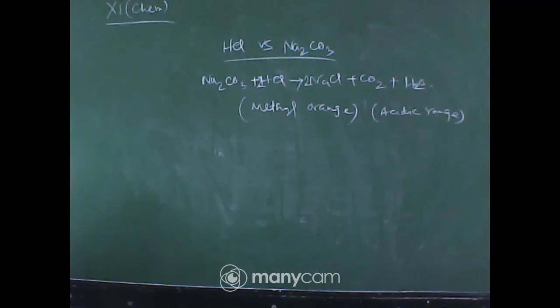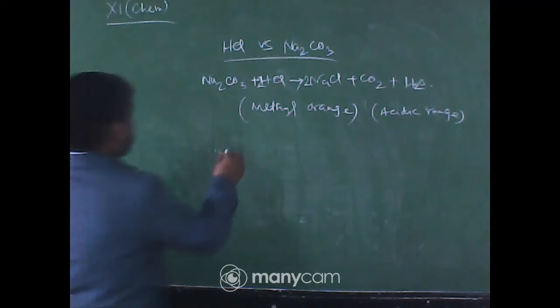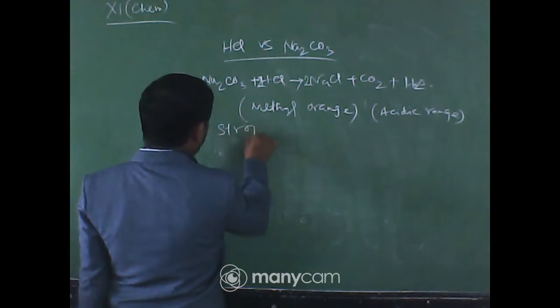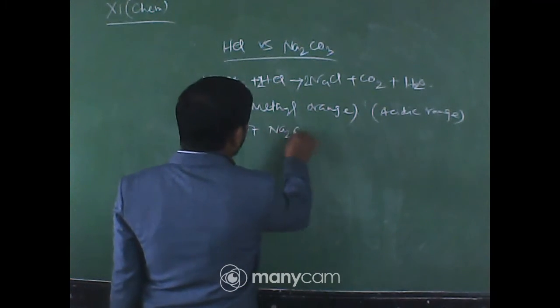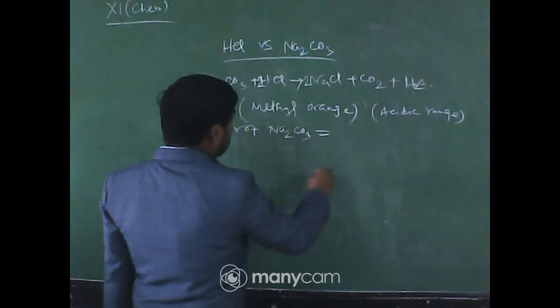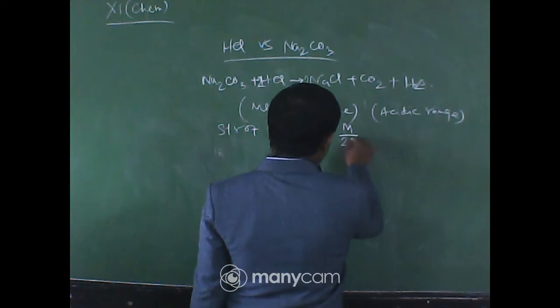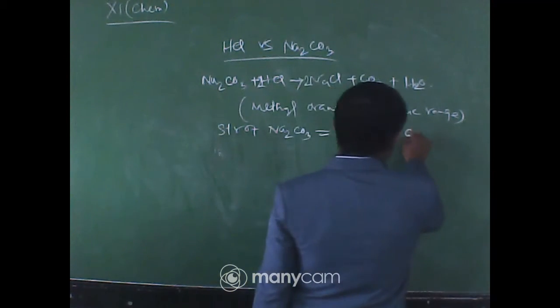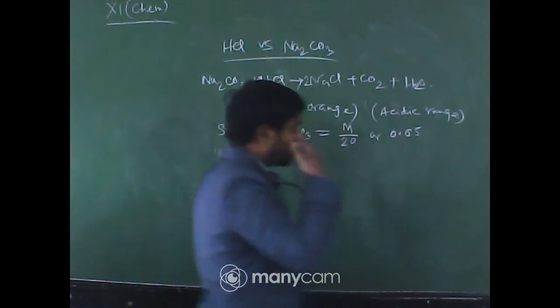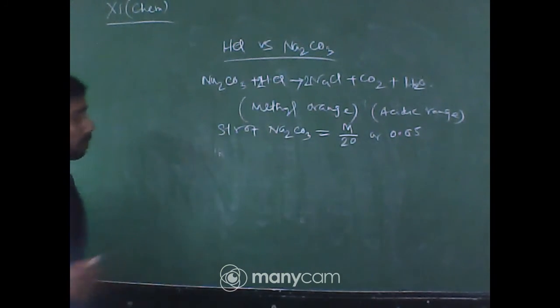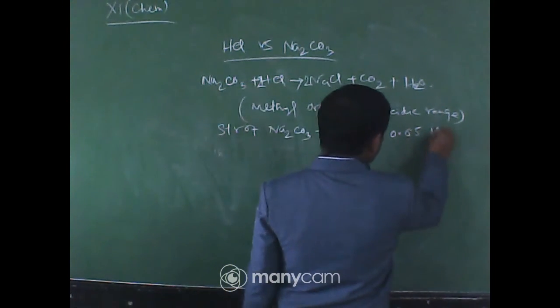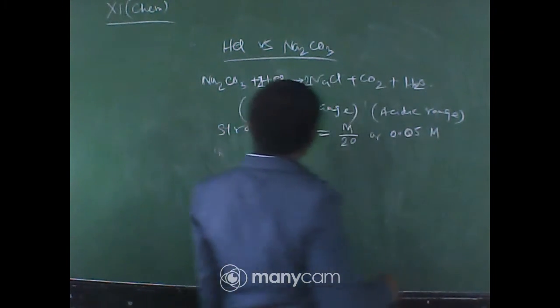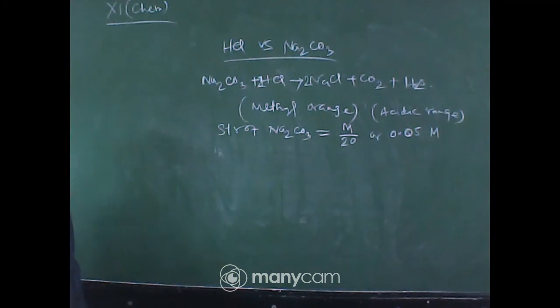Strength of sodium carbonate is equal to M by 20 or 0.05 molar. Okay, so this is the strength of Na2CO3.